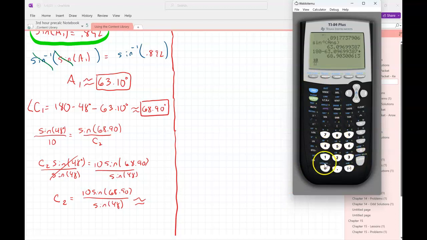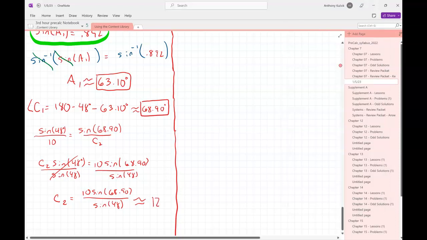So I'll do 10 times sine of my previous answer divided by sine 48. So I get 12.55.